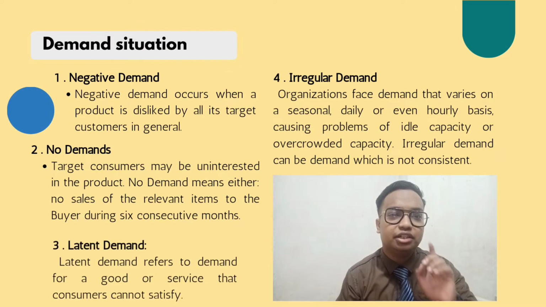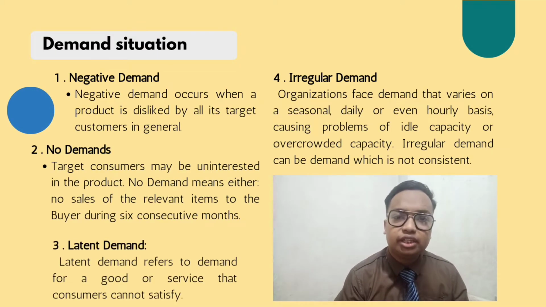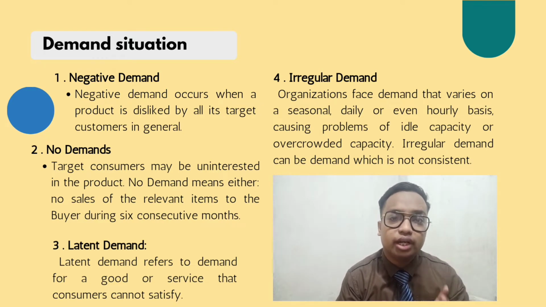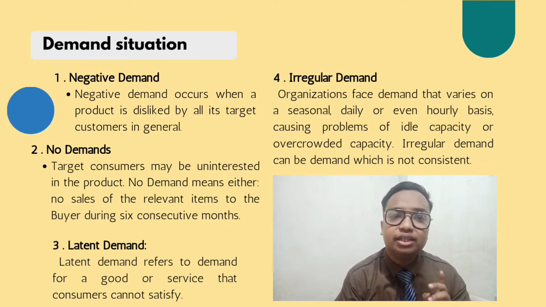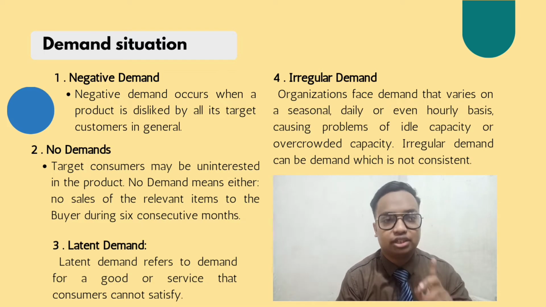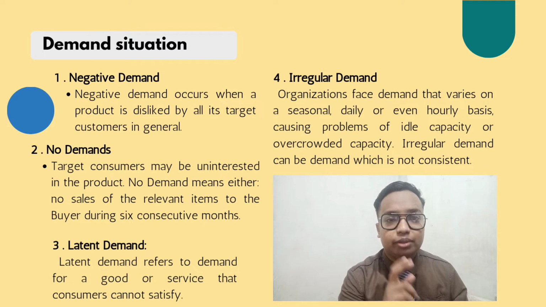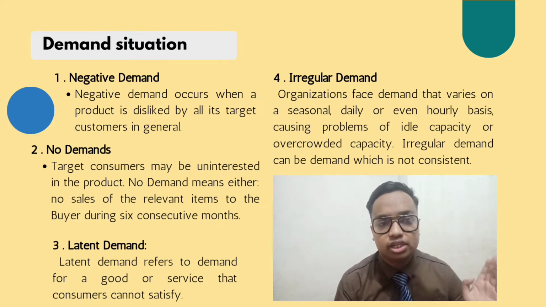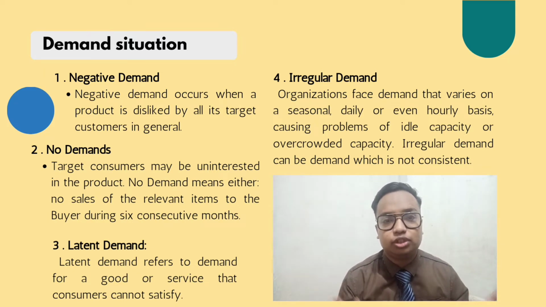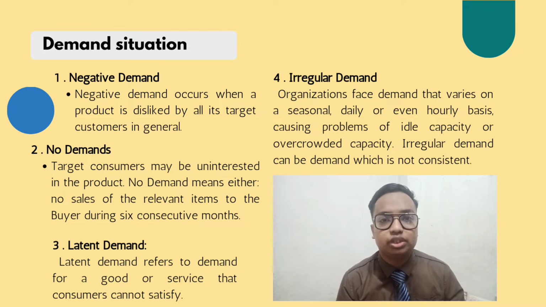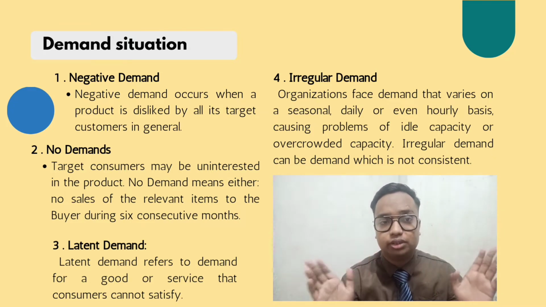Next, the demand situations. First, negative demand occurs when a product is disliked by all its target customers in general. Second, no demand. No demand means either no sale, or the relevant item is not of interest to the buyer during 6 consecutive months, or actual demand in a 12-month requirement.